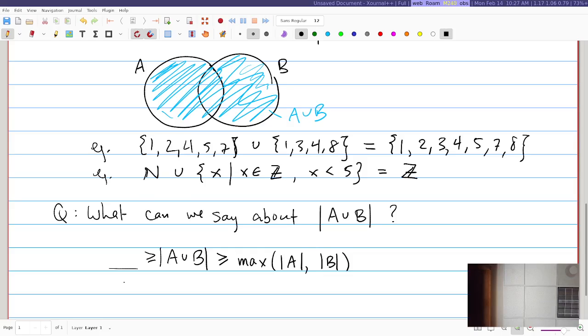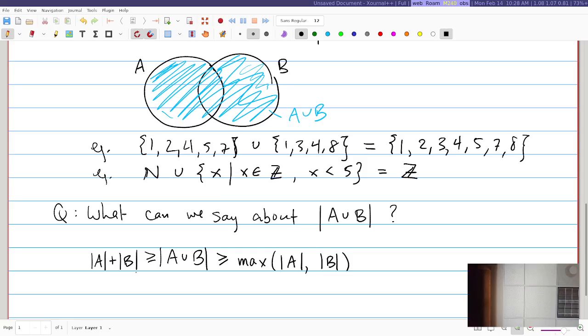It'll be less than or equal to the size of A plus the size of B. Yeah, good. That makes sense, right? And Olivia, when would it actually be equal?